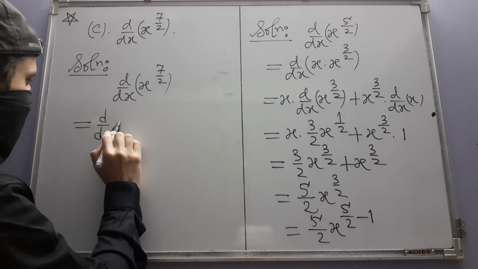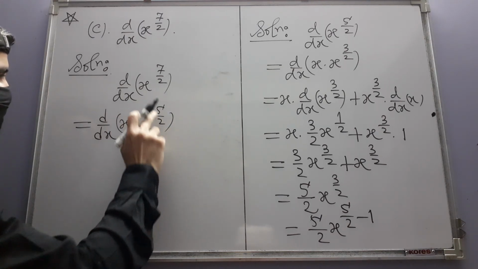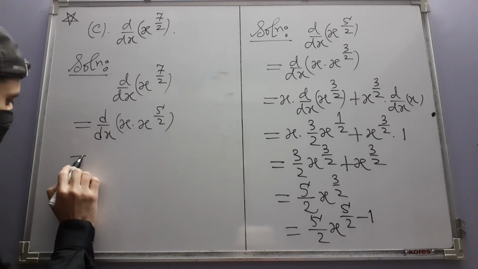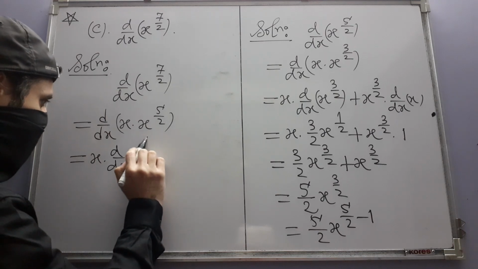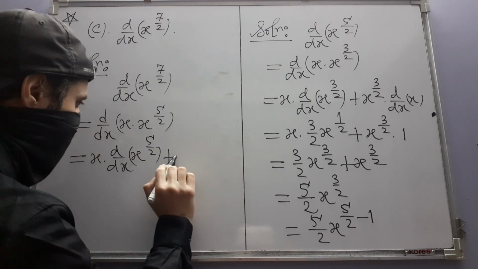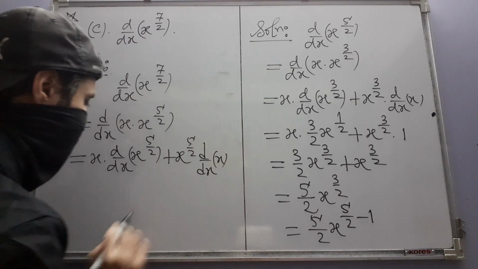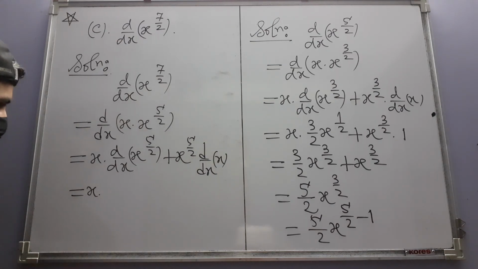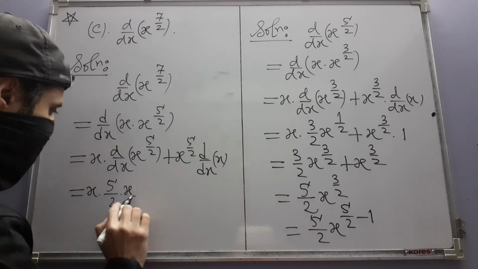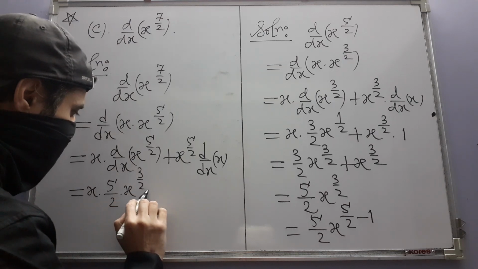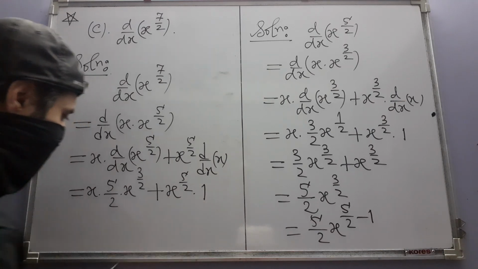You can probably already see what we need to do here. 1 plus 5 over 2 is 7 over 2. So again, by the product rule, times d/dx of x. This is available to us. So 5 over 2 times x to the power 3 over 2 plus x to the power 5 over 2 times 1.